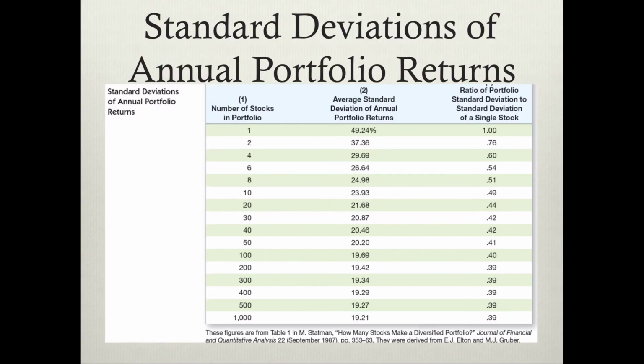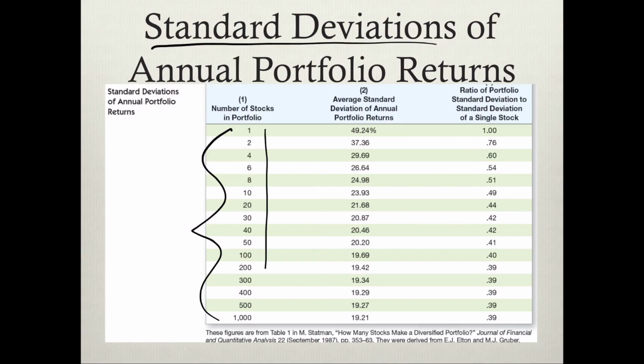Well, let's take a look at a chart showcasing the number of stocks in a portfolio and the average standard deviation of the returns of that portfolio. Remember that standard deviation is our measure of risk, our measure of volatility. What we have here is a random selection of stocks on the New York Stock Exchange. Notice that as we increase the number of stocks in our portfolio, the standard deviation of our portfolio returns decreases.